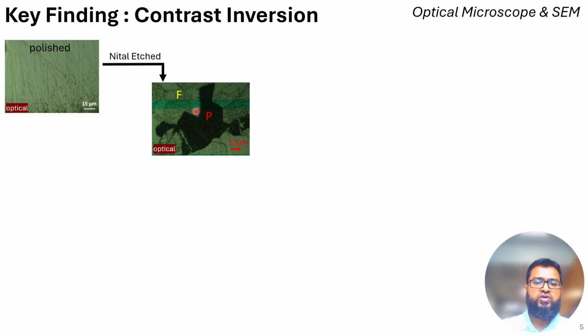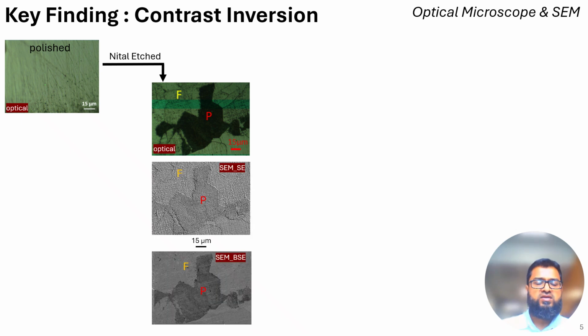The purpose was to identify a specific domain. We know that for nital etching, the ferrite phase looks brighter and the pearlite phase looks darker. These are the corresponding SEM images in secondary electron and backscattered electron mode, ferrite and pearlite.